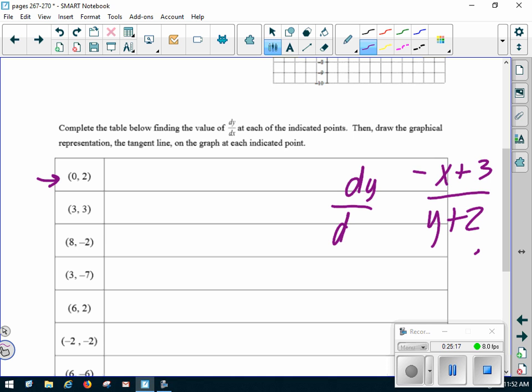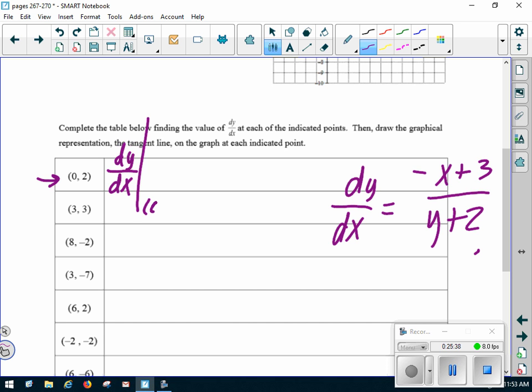Do you notice here that in order to find the derivative, not only do I have to know x, I also have to know y? That's okay, it's no problem. I know them both, it's 0,2. What's your notation look like? Here's what you're going to write. dy dx evaluated at. That's this long bar.